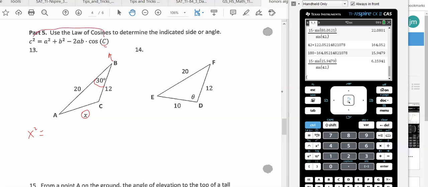So x squared equals, doesn't matter the other two sides what order, 20 squared plus 12 squared minus 2 times 20 times 12 times cosine of the angle, which in this case is angle B.